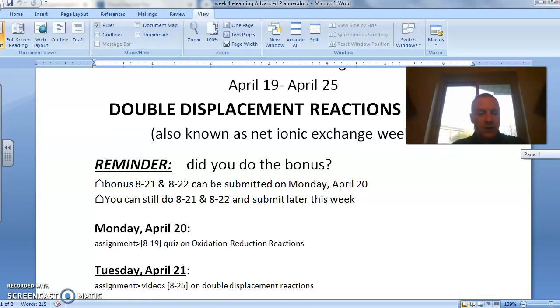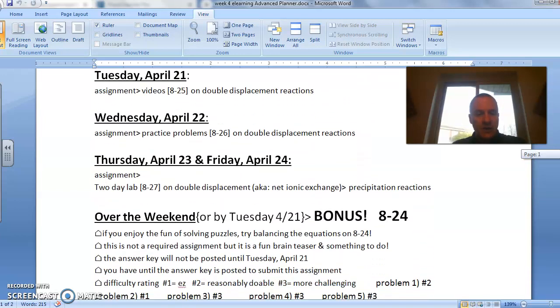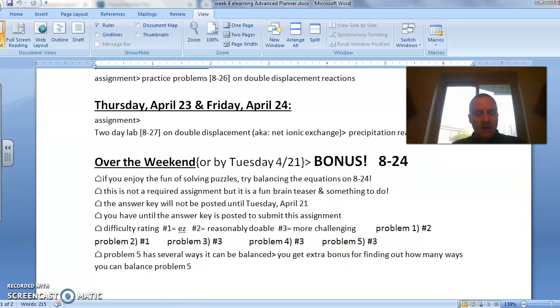If you didn't get 21 or 22 done, you can still submit those later this week. Those are open-ended. Then this upcoming weekend, there's a bonus opportunity with 8-24, balancing some challenging chemical reactions. You can do that over the weekend, or you can really start working on it whenever you have time.